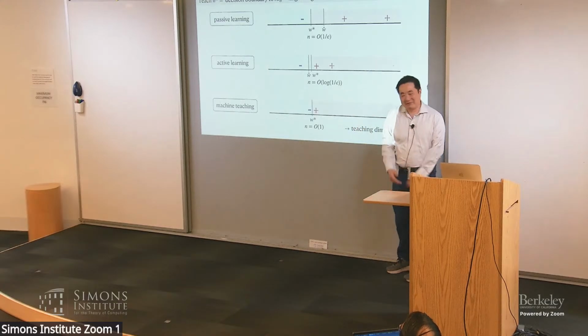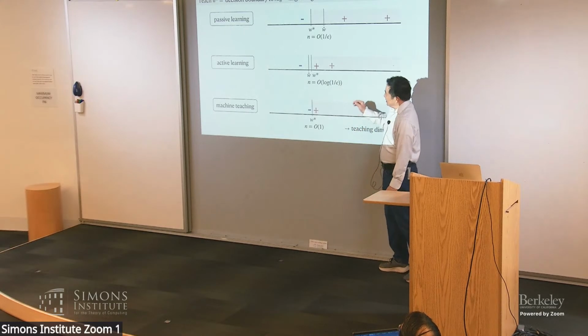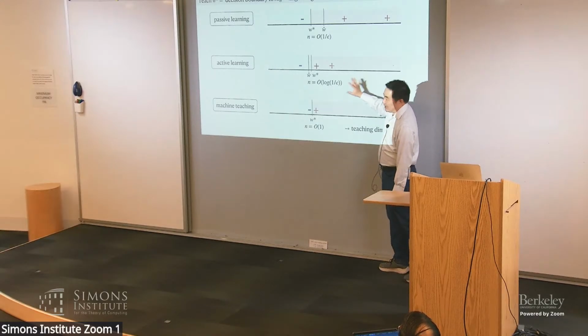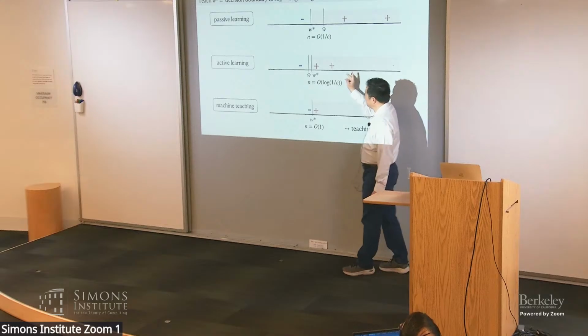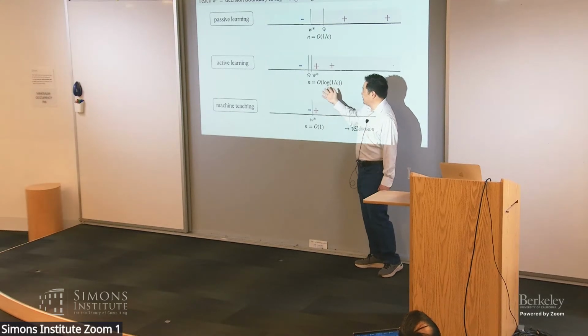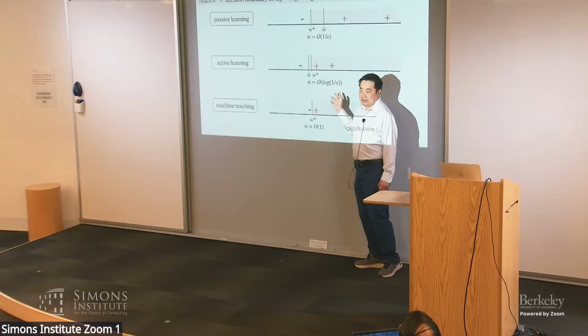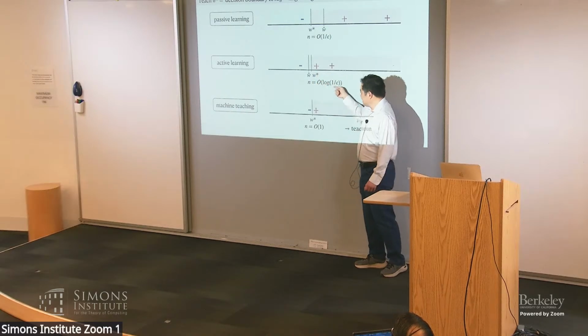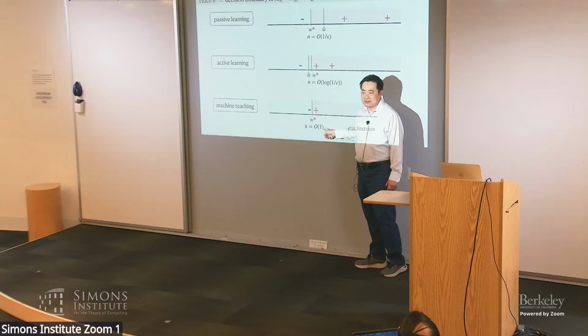The point, however, is this. Despite being very good at learning with active queries, to learn to epsilon precision, this learner still needs to query log 1 over epsilon points, because it's doing binary search until that gets to epsilon. So if you contrast this with what the teacher can do, there's still a dependency on this epsilon.